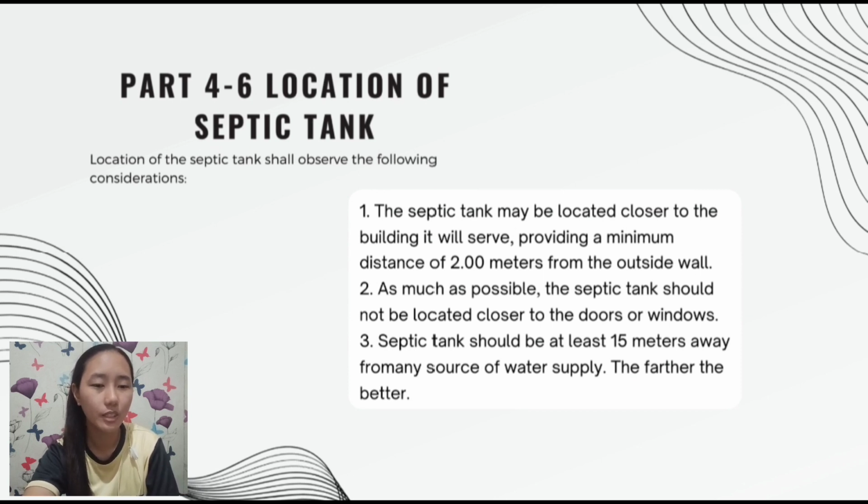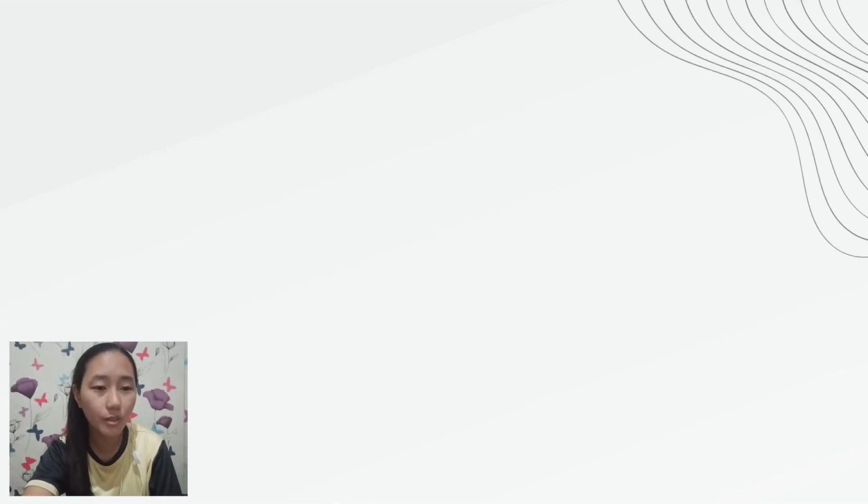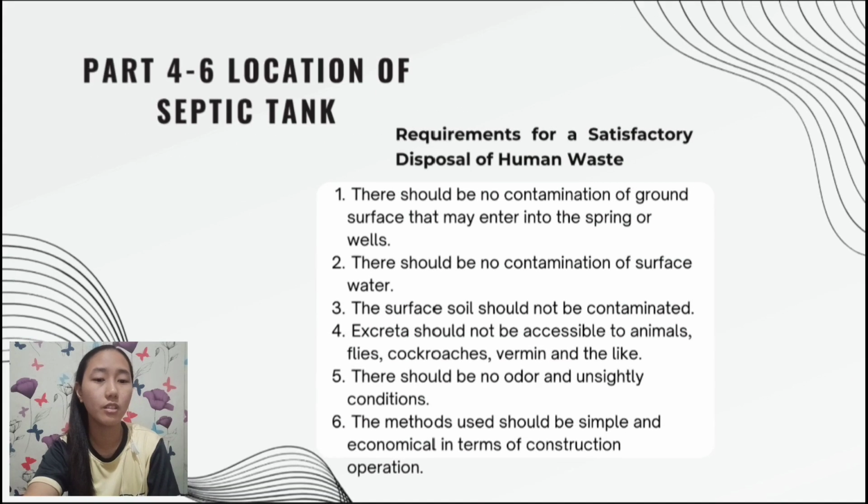Number 3, septic tank should be at least 15 meters away from any source of water supply. The farther, the better. Yes, kasi what if may leakage na mangyari, then mag-mix sa source ng water supply mo yung meron sa septic tank, di ba? Mahirap naman yun. Requirements of a satisfactory disposal of human waste. So, there should be no contamination of ground surface that may enter into the spring or wells.